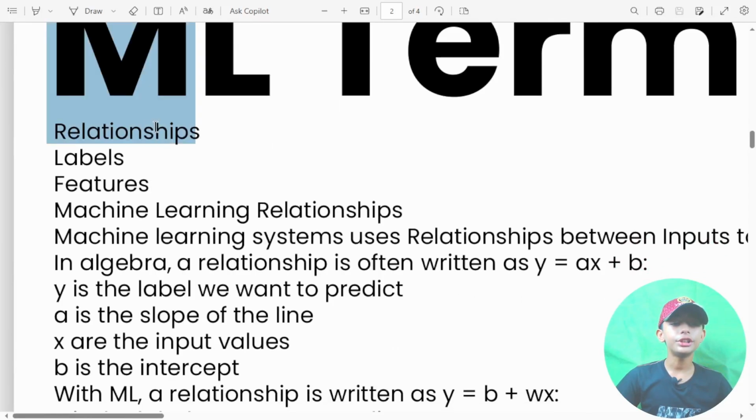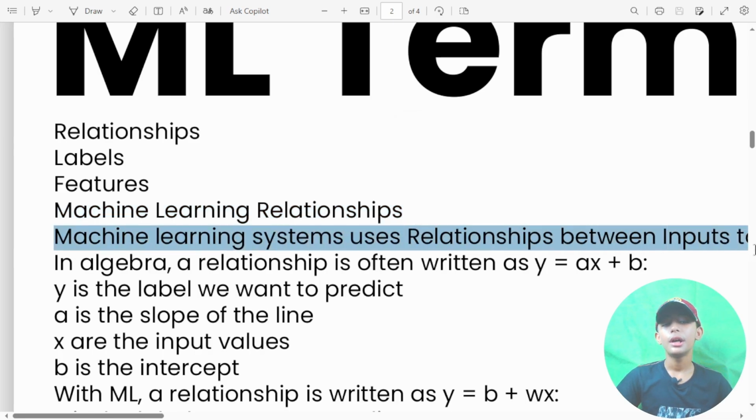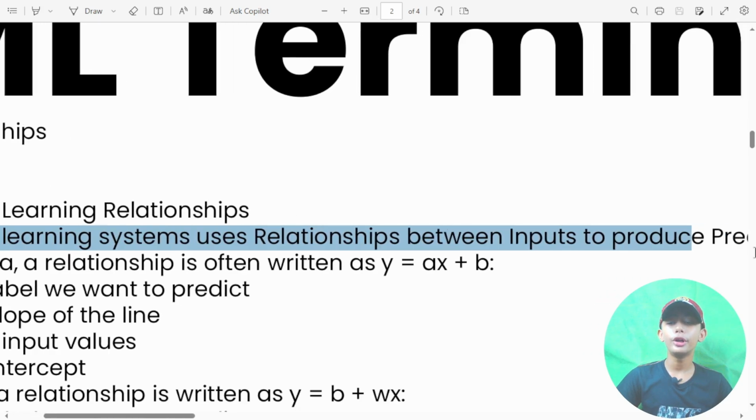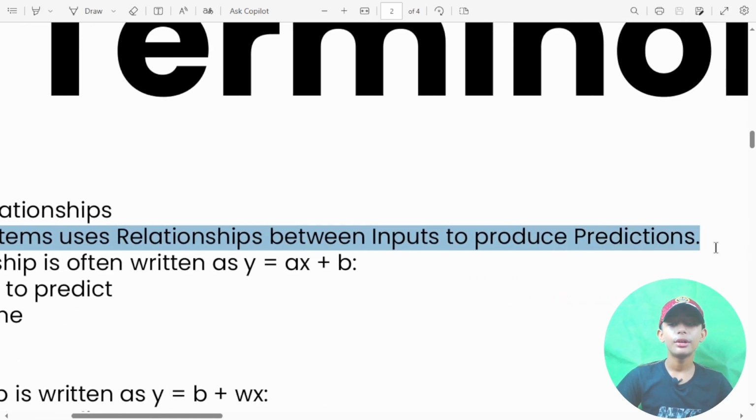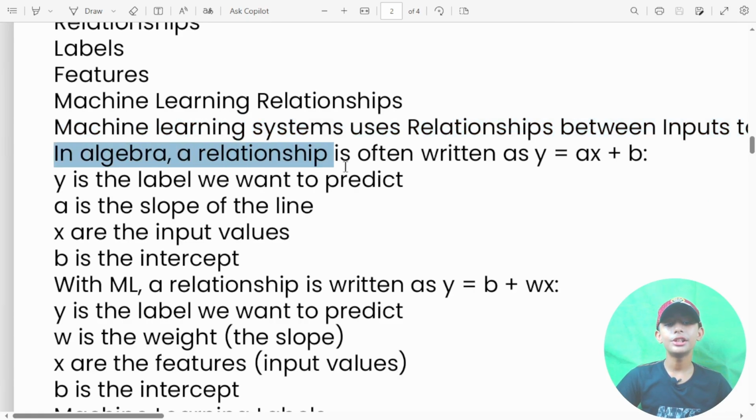Now, relationships, labels, features. Machine learning relationships. A machine learning system uses relationships between inputs to produce predictions. In algebra, a relationship is often written as y = ax + b.